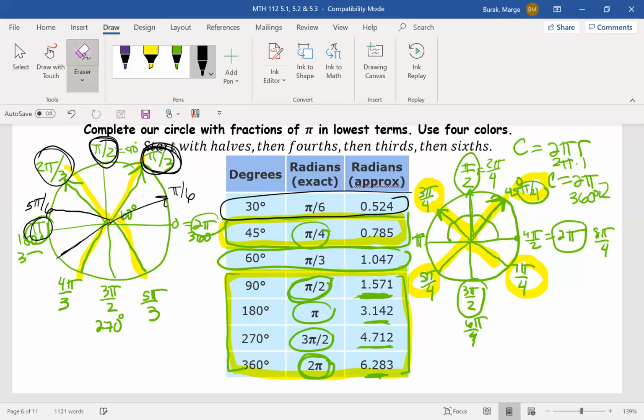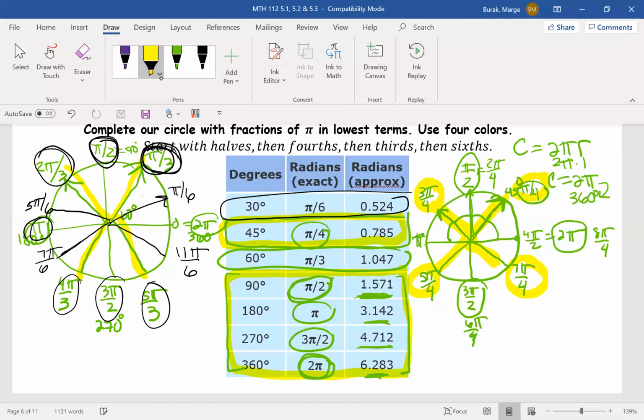I'm going to get rid of this 3 pi over 3. And this would be 7 pi over 6. And this would be 8 pi over 6, 9 pi over 6, 10 pi over 6. But what we really want is the 11 pi over 6. And so those would be our sixths. And that's this one, this one, this one, and this one.